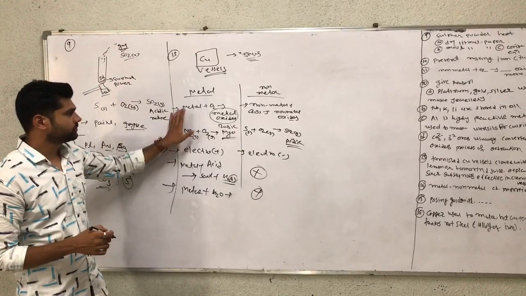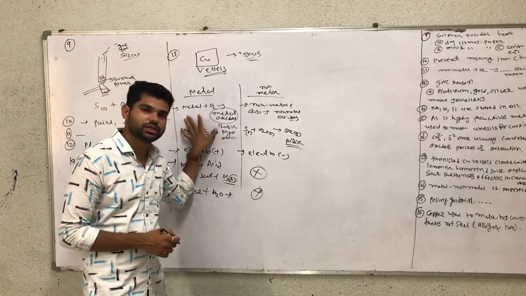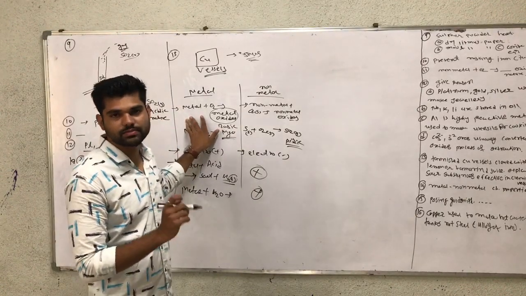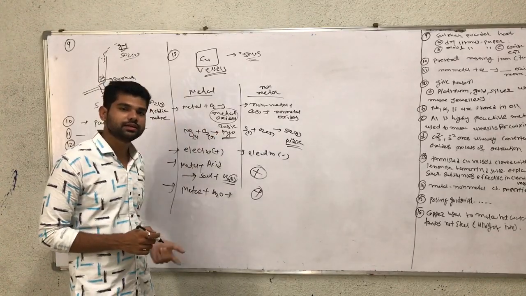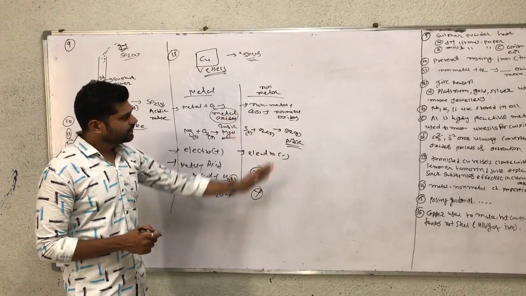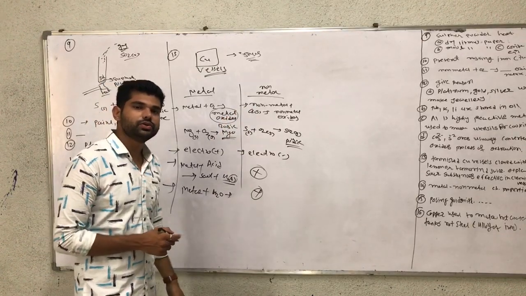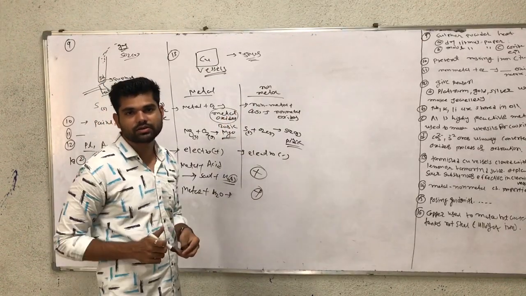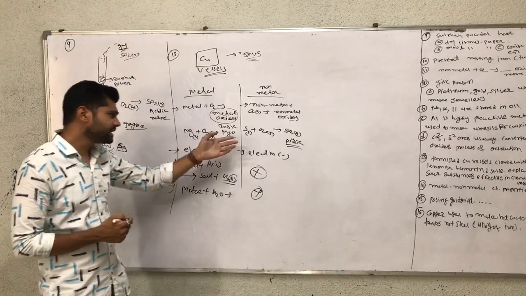Revise once again. First, metal reacts with oxygen to produce metal oxide, and this metal oxide has a basic nature. Non-metal reacts with oxygen and produces non-metal oxide, and this non-metal oxide has an acidic property.